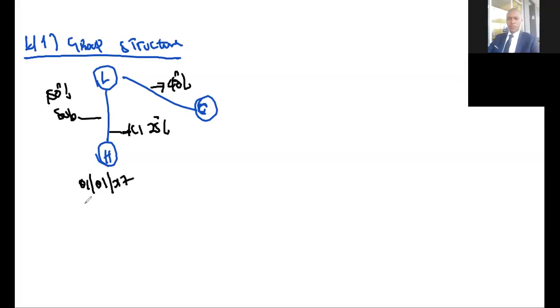At this date, retained earnings were 64. This one was the same: 1st January X7, and the retained earnings at this date were 24 million Kwacha. So that's our group structure right there.